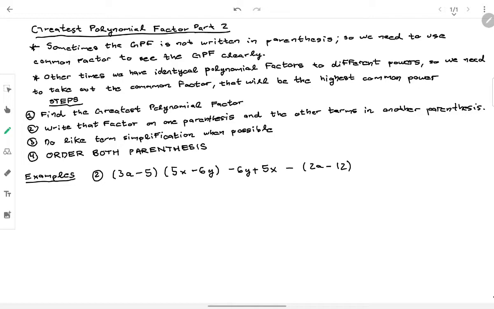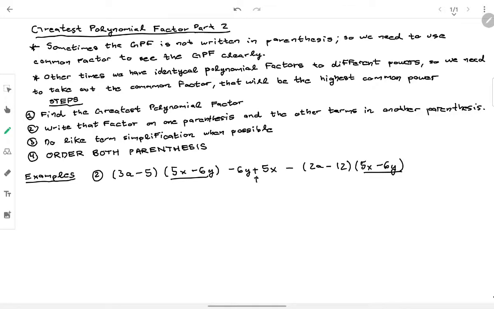So let's see, on the second exercise, it's going to be something very similar. I'm sorry, I forgot to put here 5x minus 6y. So in the second exercise, as I was telling you, we need to look for the common polynomial factor. So in this case, it's similar, but we can write it different.